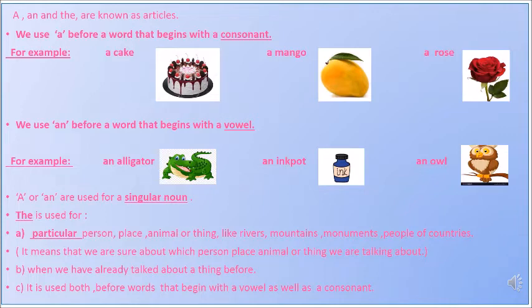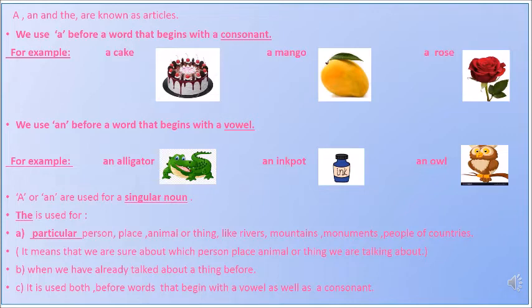B. When we have already talked about a thing before, like supposing I say, I saw an elephant in the forest yesterday. Now, when I say the first sentence, I am telling you about an elephant.